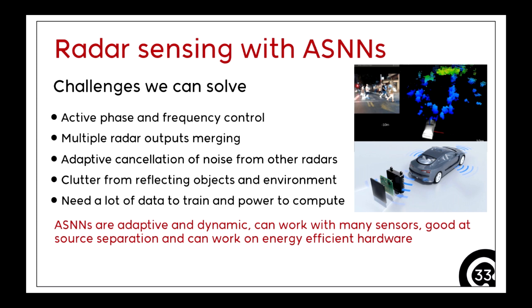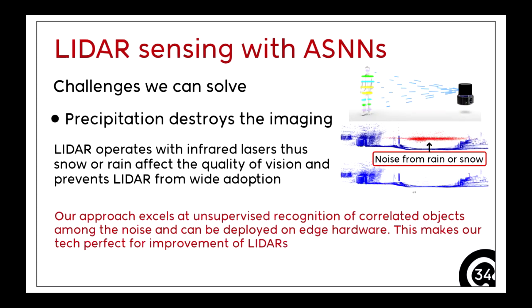So we need some adaptive algorithm which will work in real time on edge inside of the car, for example, that will be able to adapt to sudden changes in the environment, like precipitation, for example. And yes, spiking neural networks here are a very good fit for this kind of task, and for lidars as well.